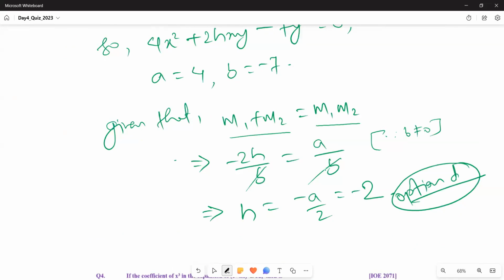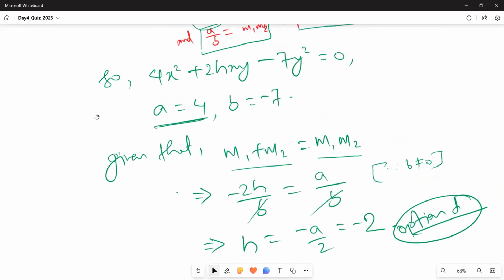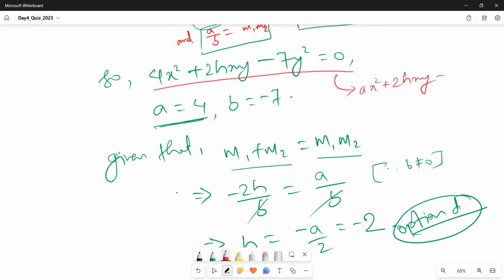So what was the value of a? We can see here the value of a was 4, and this we have been given in the question. In the question it is given that this is the quadratic equation. So when you compare this with ax square plus 2hxy plus by square equal to 0, you have the coefficient of x square as a, and from this equation you have 4.